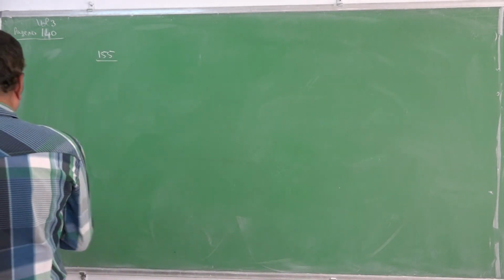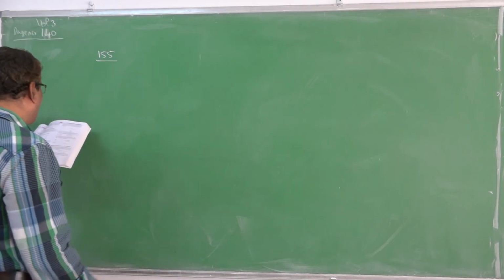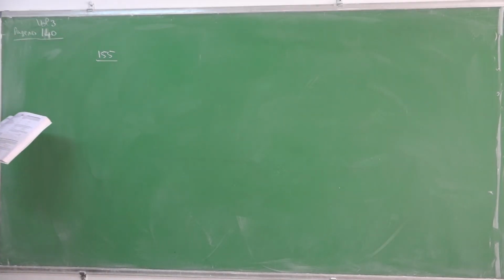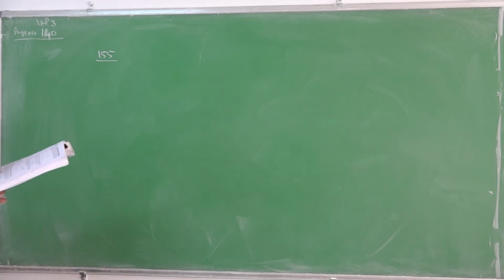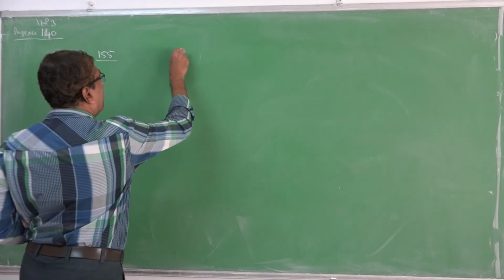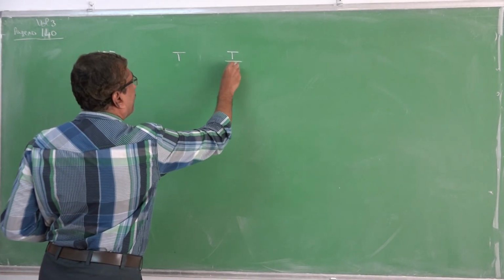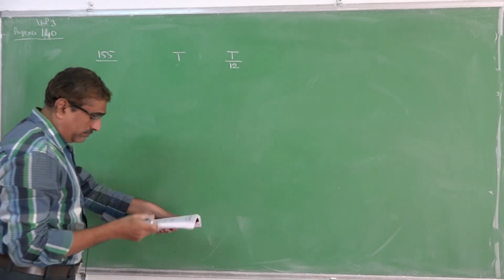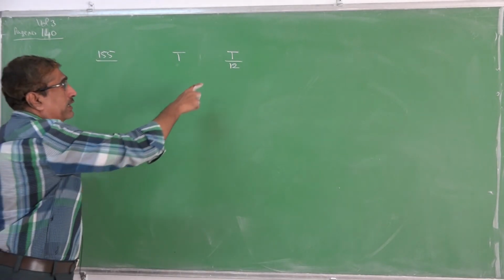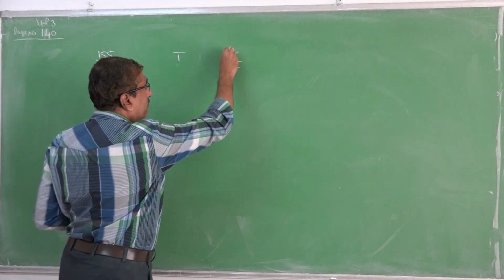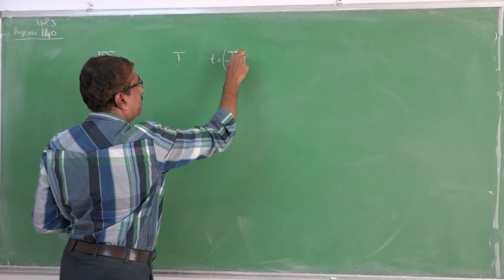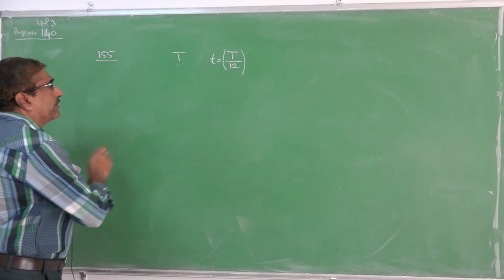So given capital T, the time period of oscillation, you have to find the ratio of kinetic energy to potential energy at a time small t equal to T by 12.